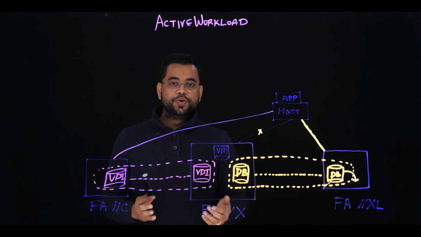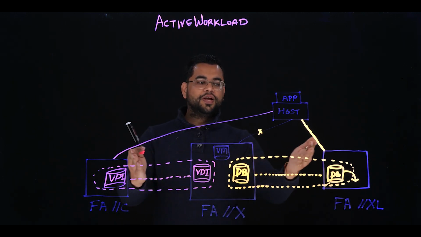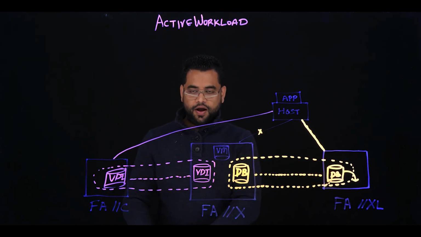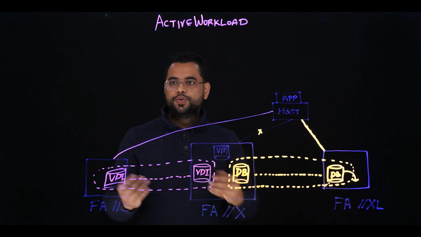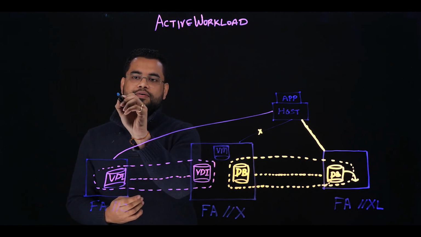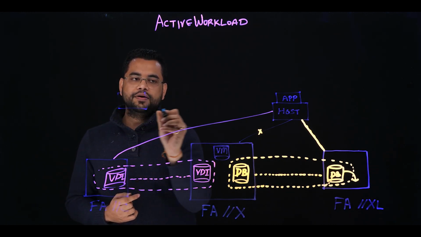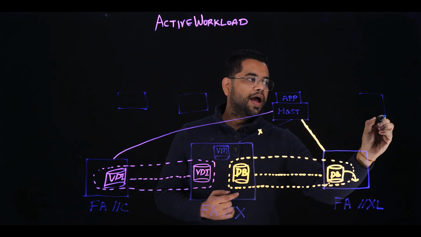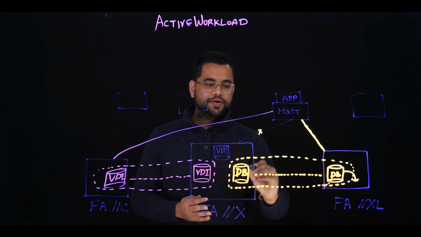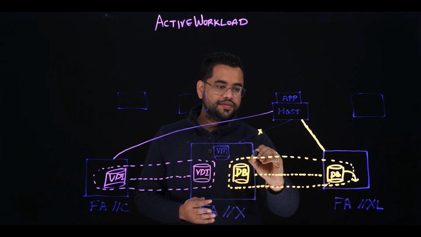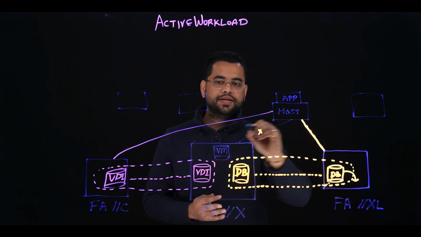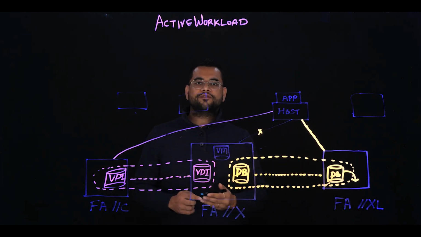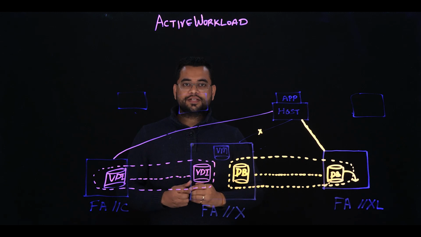With that, you can move not just 2 workloads simultaneously, but we can actually support up to a first, a second, a third, a fourth, and a fifth FlashArray with this array itself. And you can move workloads across 5 different FlashArrays simultaneously in one go.